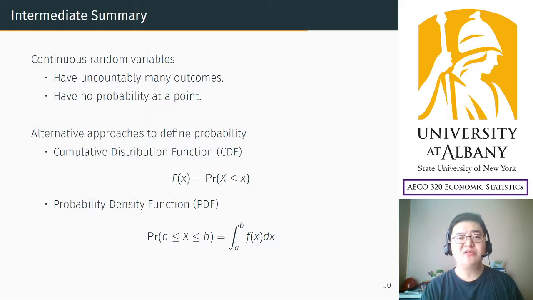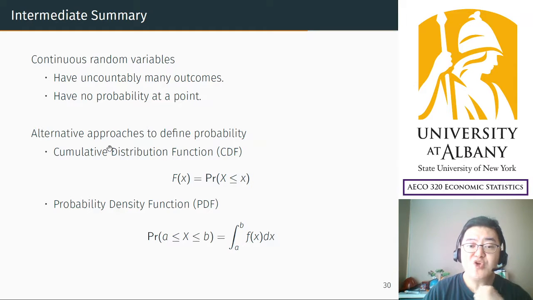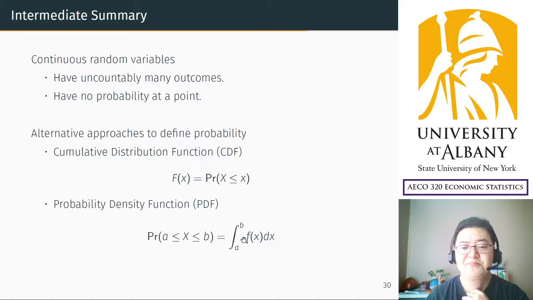And I introduced two major methods to define the probability. One is the cumulative distribution function, which is defined as probability smaller than something, right? And the other method is the probability density function approach. When you have probability density, then you can use integration to calculate the probability. Any probability can be calculated using integrations.